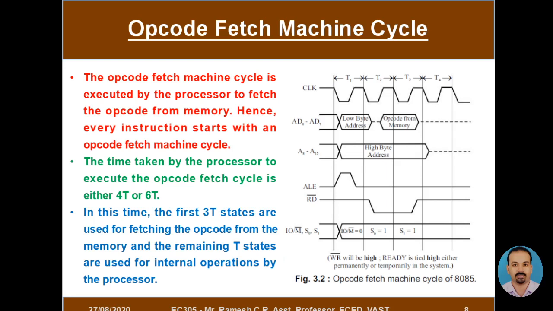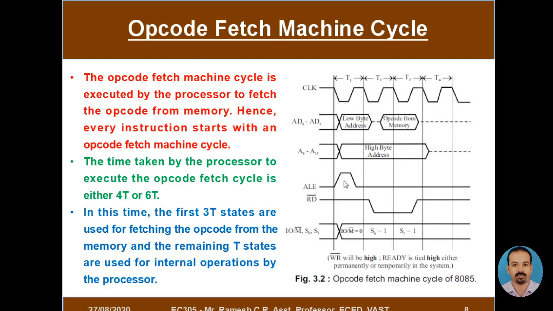In order to indicate that the current sequence of zeros and ones placed as the address information on the A8 to A15 and AD0 to AD7 lines is different from the previous one, we show a crossbar here.